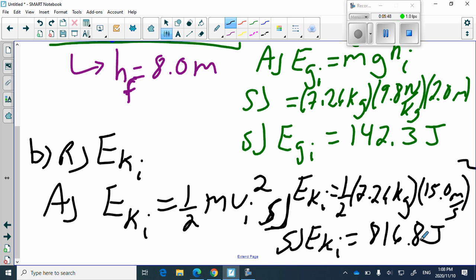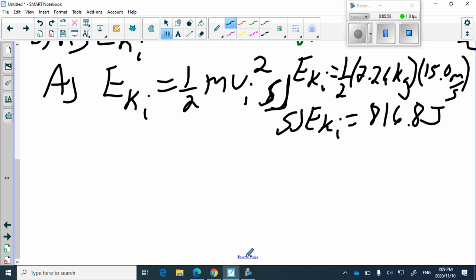All right, now C. Let me extend the page here. There we go. So for C, the required for C is, what's the total mechanical energy there? Well, required: energy total.